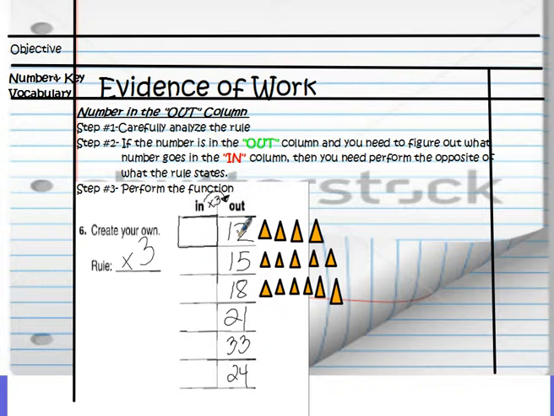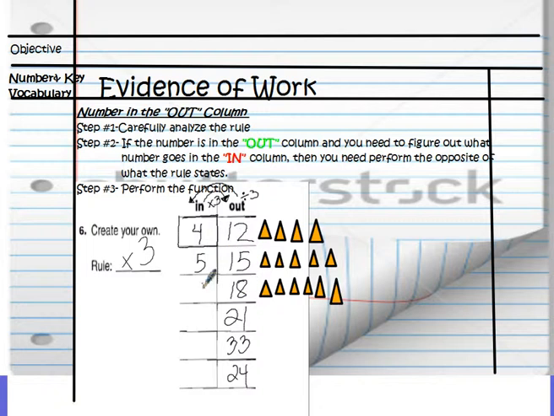So since I'm going the other way, the opposite direction, I also have to do the opposite function of that rule. In this case it is divide by 3. So I get 12 divided by 3 equals 4. Here's 15 divided by 3 equals 5.